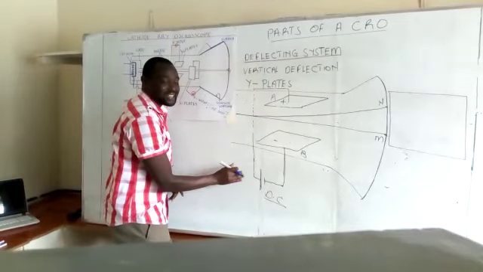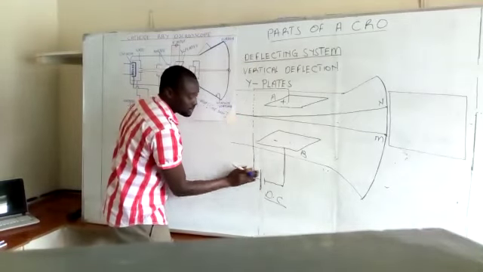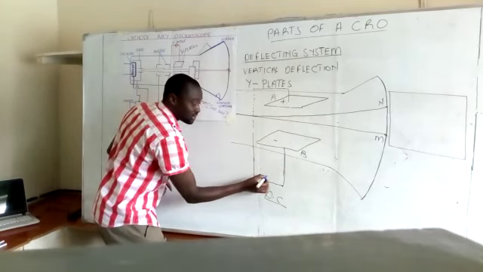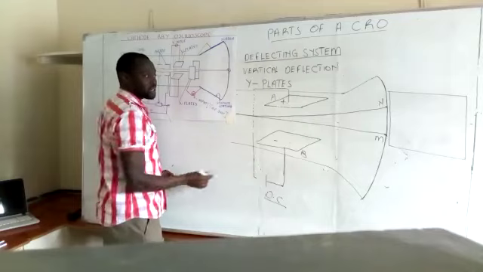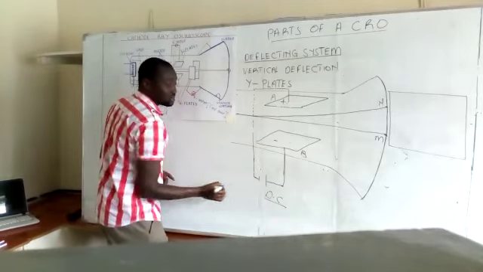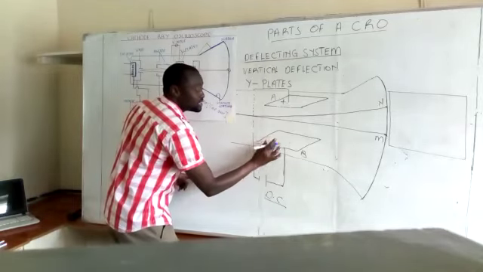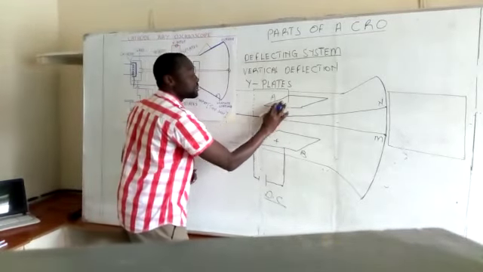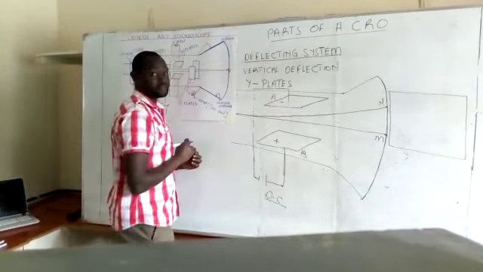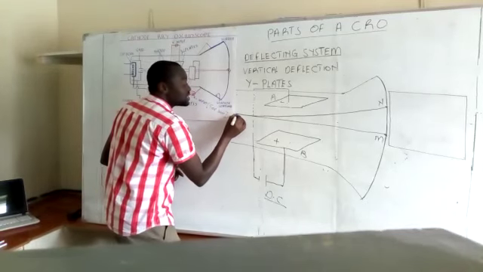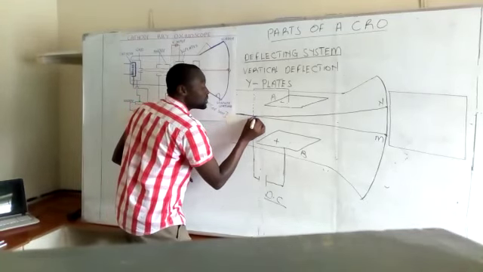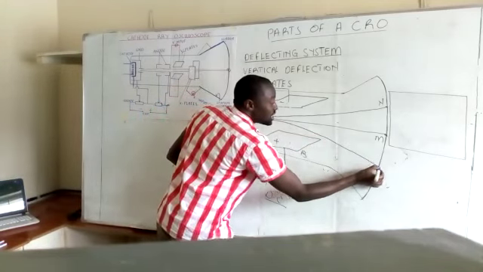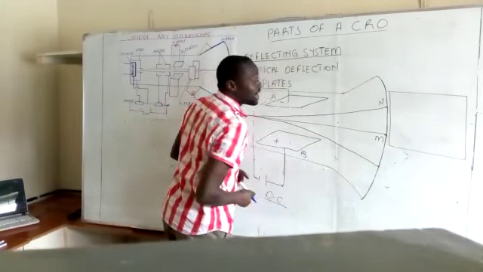If we were to interchange this such that now B is connected to positive and A is connected to negative, then this will be the plate which is positive and this will be the plate which is negative. Therefore, this cathode beam will be attracted towards B and it will fall on a lower part.